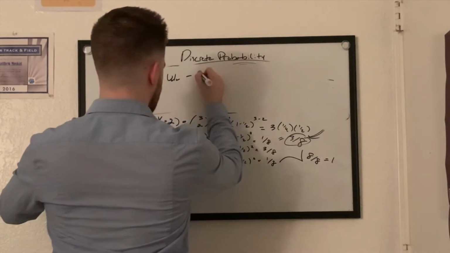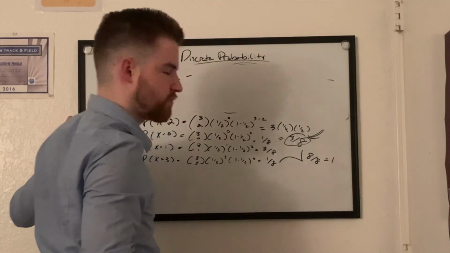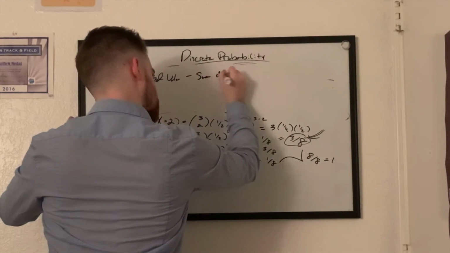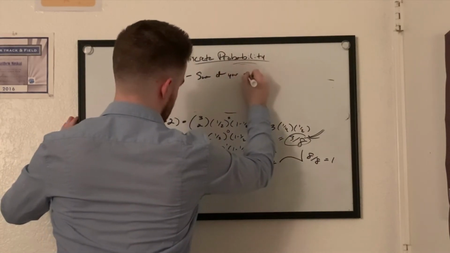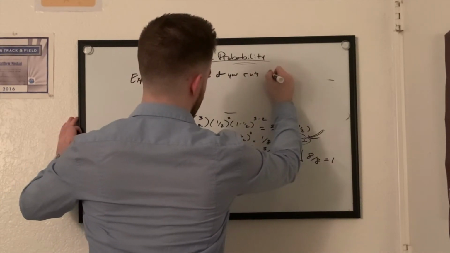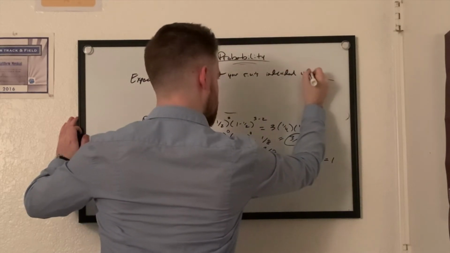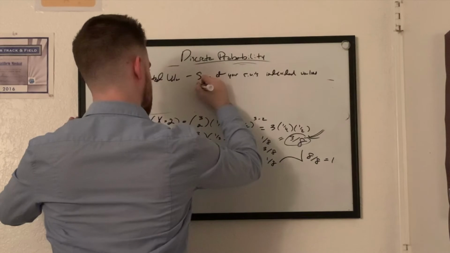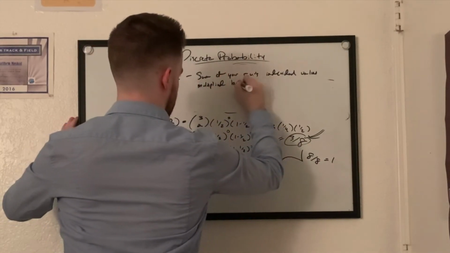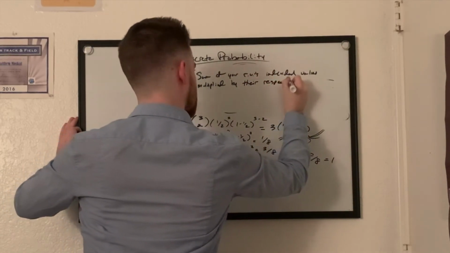Expected value is also defined as your mean or average. These are terms you probably heard before. So I'll say it is the sum of your random variable's individual values multiplied by their respective probabilities.